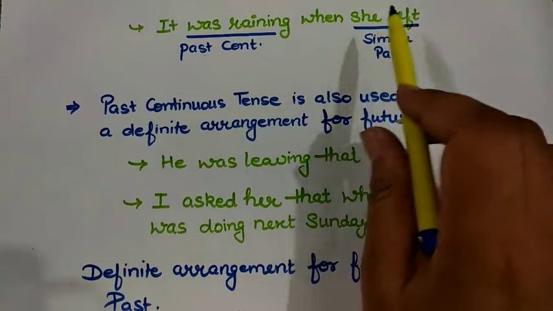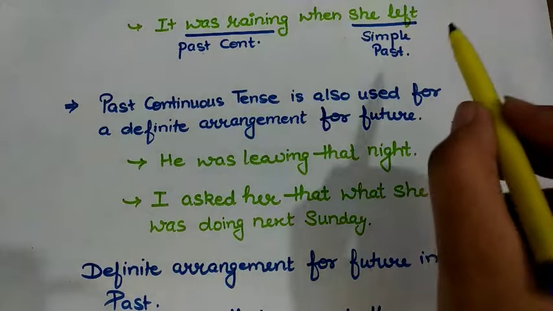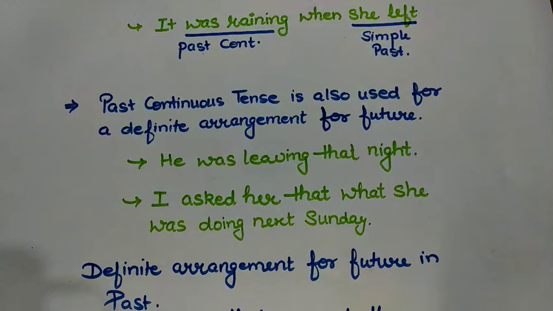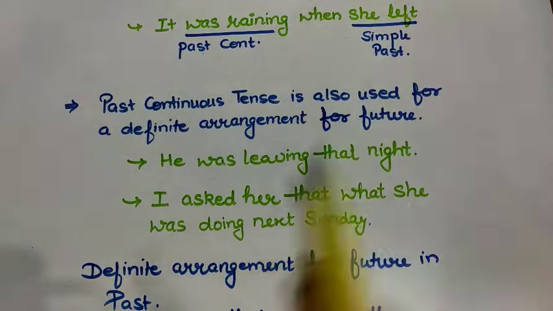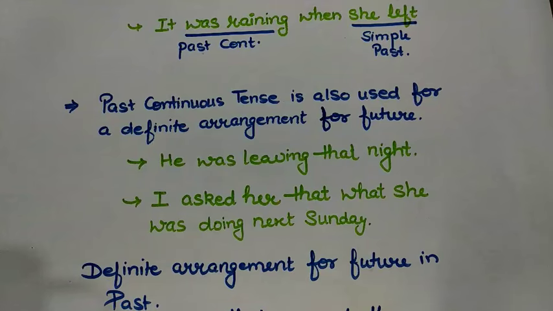Now, when she left, we have used simple past because this is an interrupting action. So, we use past continuous tense with the continuous action taking place and simple past with the action which is finished and is interrupting the ongoing process.